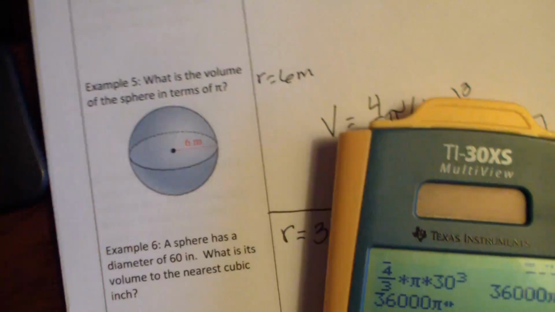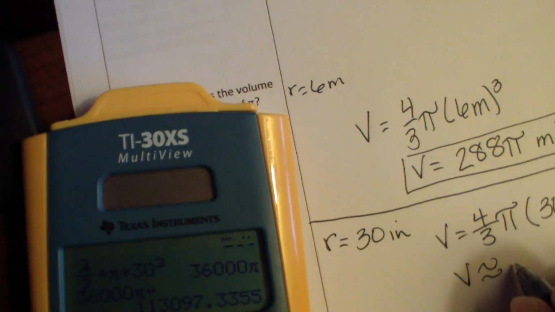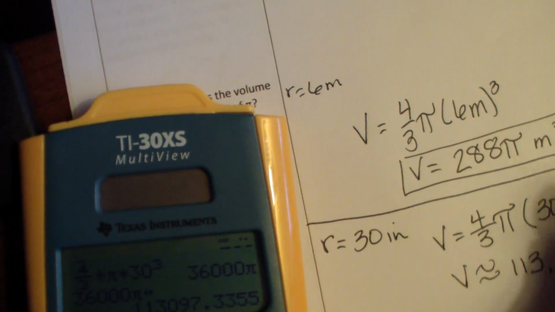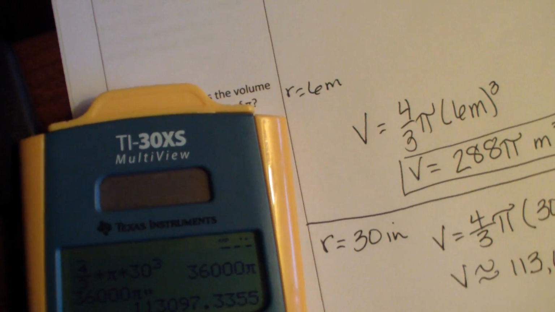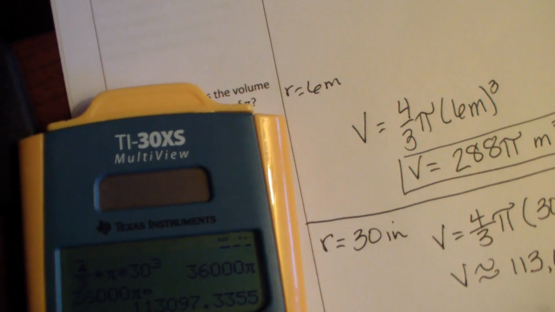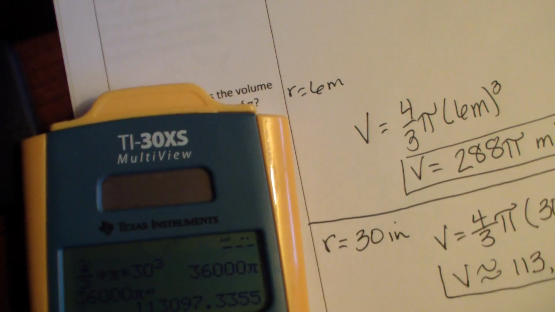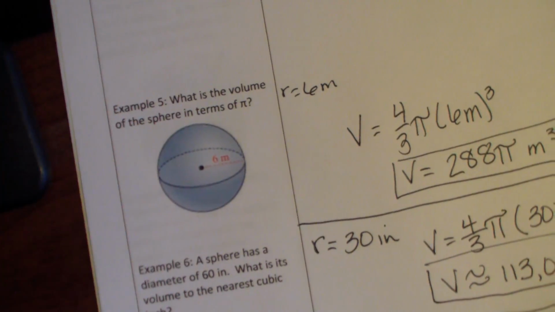And our approximation to the nearest cubic inch is approximately 113,097 inches cubed. So 113,097 inches cubed is our volume to the nearest cubic inch.